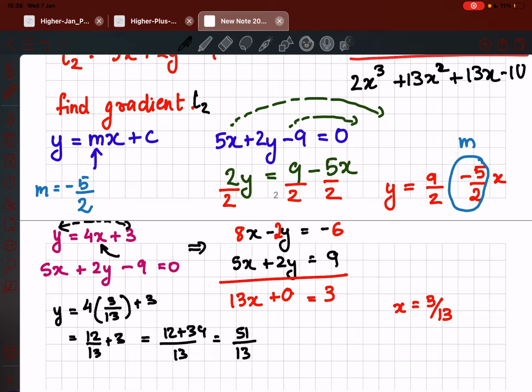So the point of intersection would be x coordinate 3 over 13, y coordinate 51 over 13.